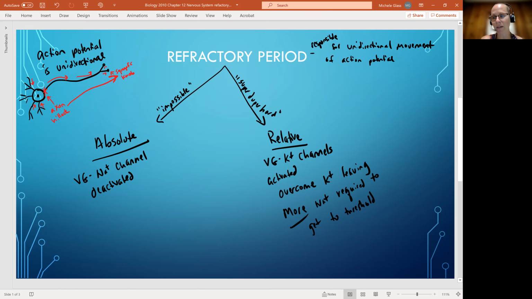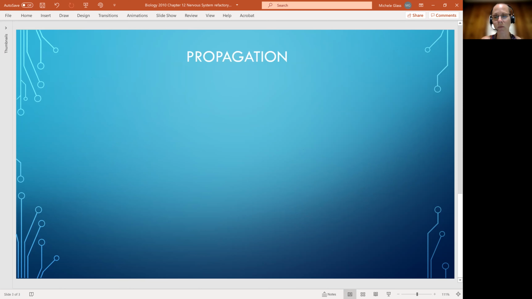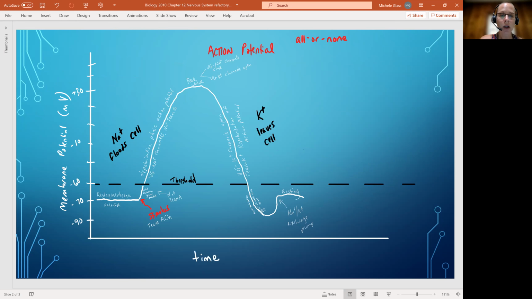Let's take a look at the graph that we drew in our last video. So we're looking at the graph, you should already have this in your notes. The x-axis is time, the y-axis is the membrane potential, and then we graphed out our action potential starting at resting membrane potential at -70 millivolts, reaching threshold at -60 millivolts.